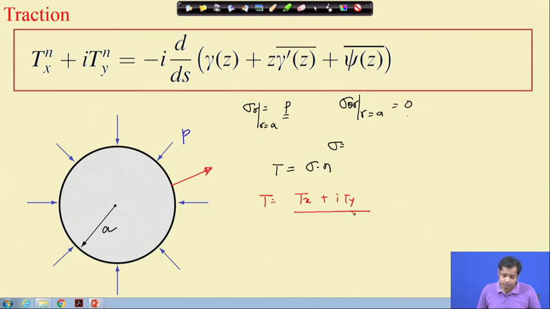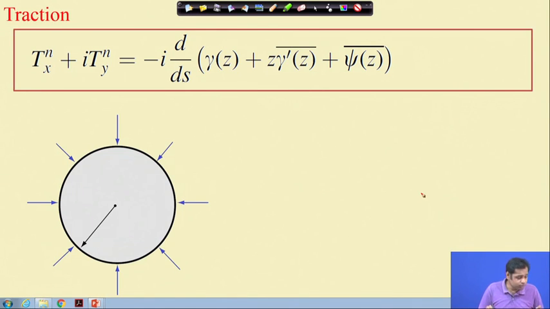This will be the traction on the entire plane. This we can write in terms of polar coordinates as well. If you use sigma r and sigma theta theta, then you can write the entire expression in polar coordinates. Okay. When we solve an example, probably this representation will be more clear. Now, let us move on for the time being.